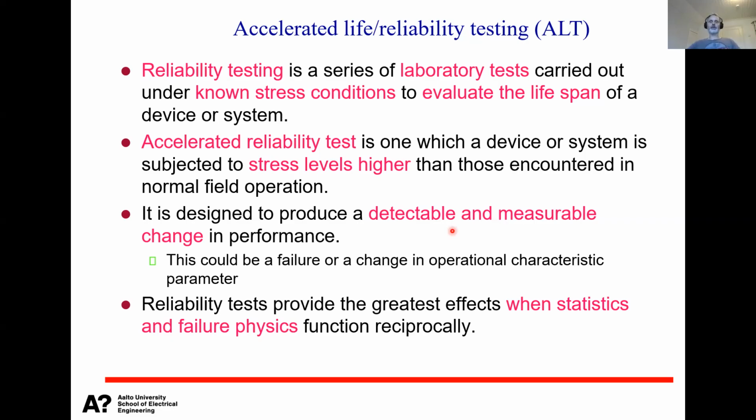And then, as already mentioned several times, we need to utilize all three different tools. We have the actual testing itself. Then we have statistical mathematics, which can, let's say, help us in understanding a huge amount of data. And then we have the failure physics, with which we can understand a certain data point.